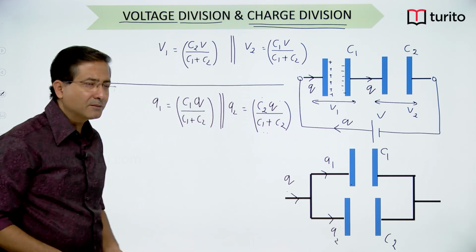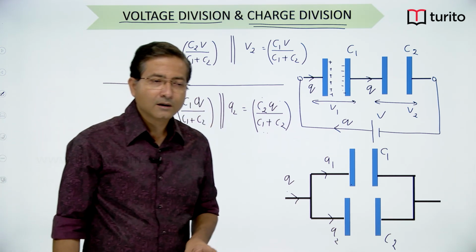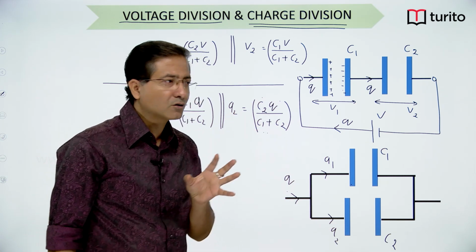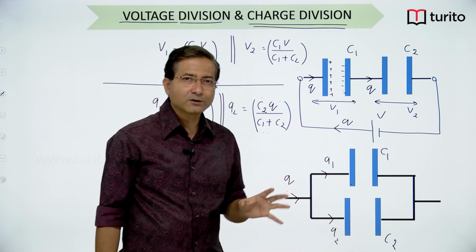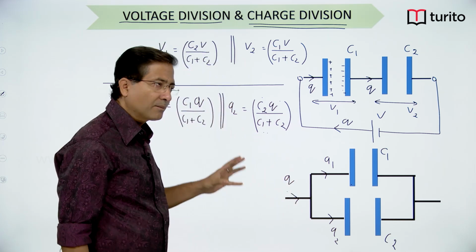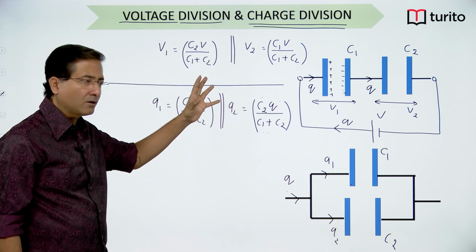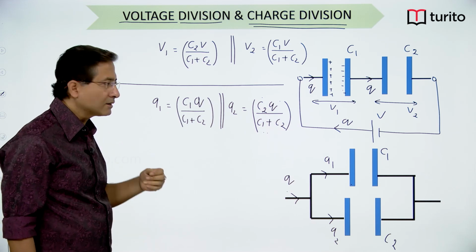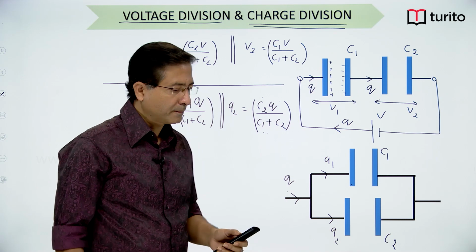If the circuit is very simple, we will directly apply charge division and voltage division, and we will solve the problem. If the circuit is a little more complicated, meaning there are so many batteries and it is difficult to reduce the circuit, in all such cases we can apply Kirchhoff's law. For a simple circuit, I can use these concepts and straight away solve the circuit, right.